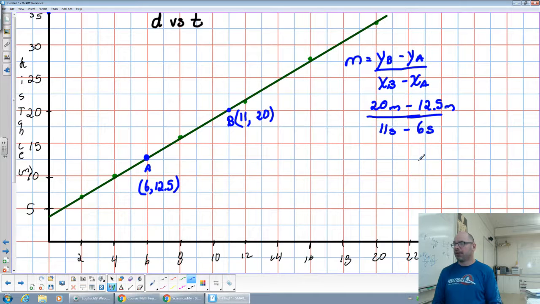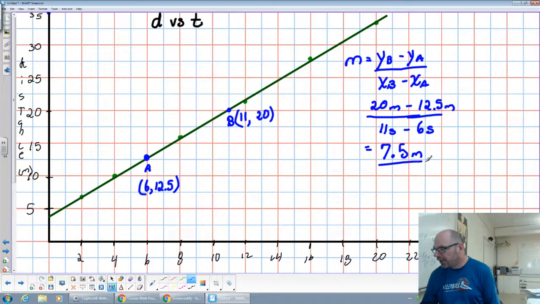That's better. Okay, so we take out our calculators or just work it out, depending on what we have. So 20 minus 12.5 is 7.5 meters. And then 11 minus 6 is 5 seconds. So 7.5 divided by 5 seconds.